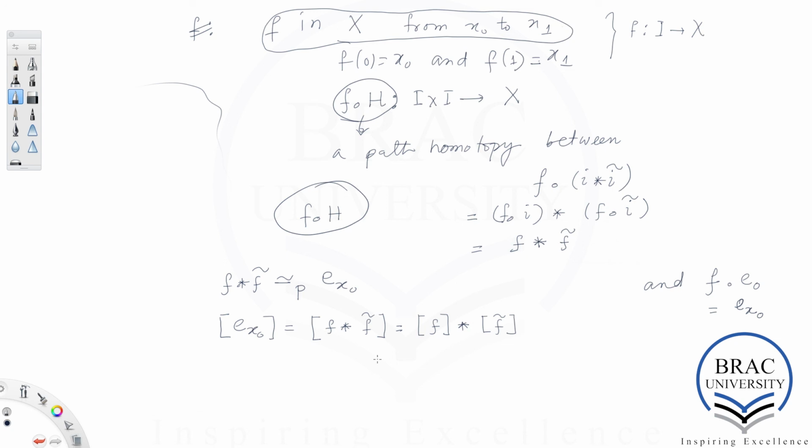So we have been able to show this: the class of f star the class of f twiddle is going to be equal to the class of this constant map E sub x0.